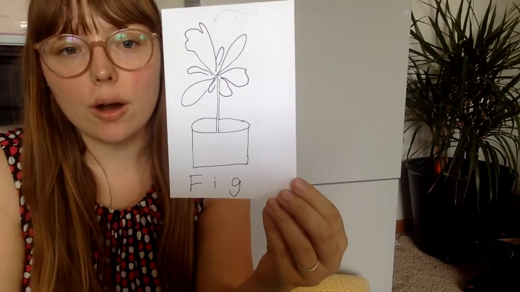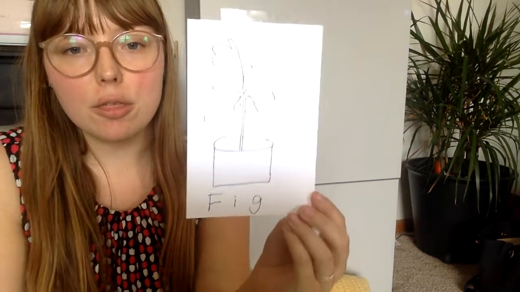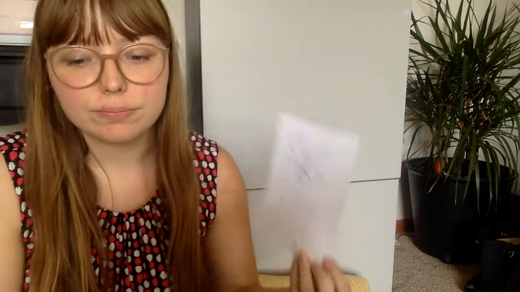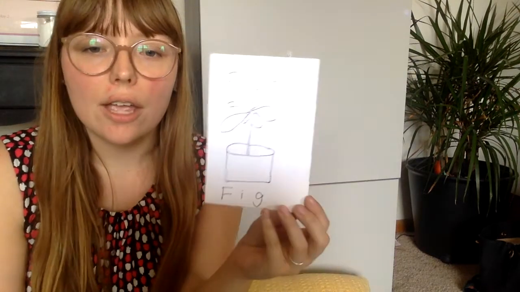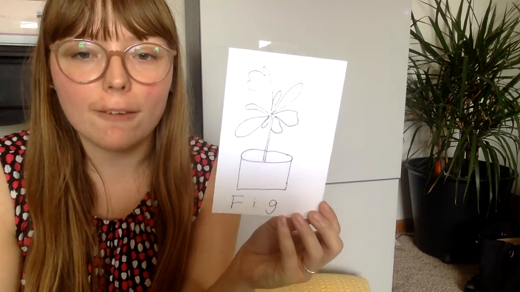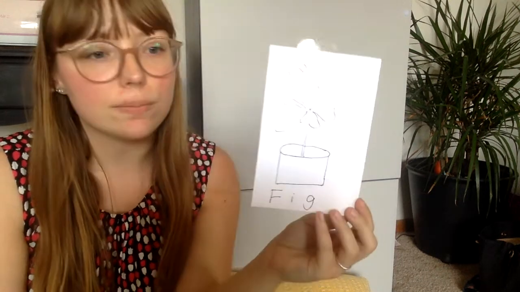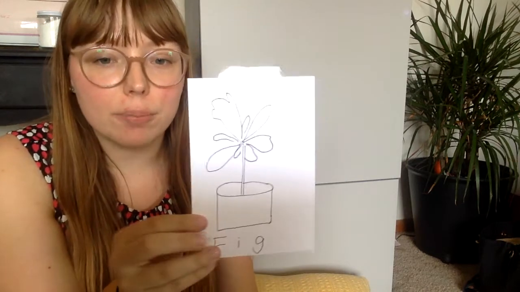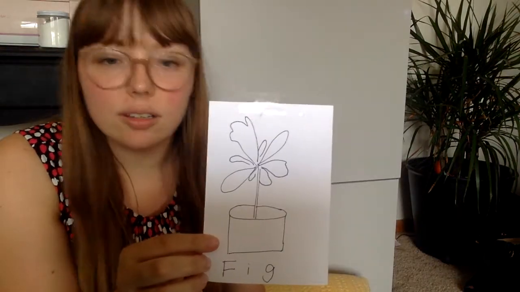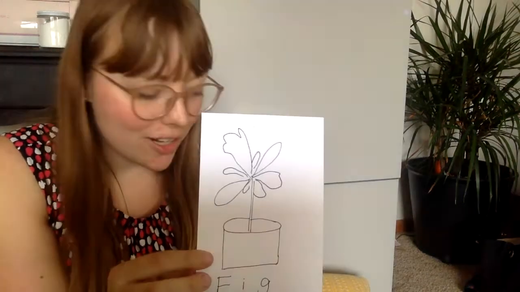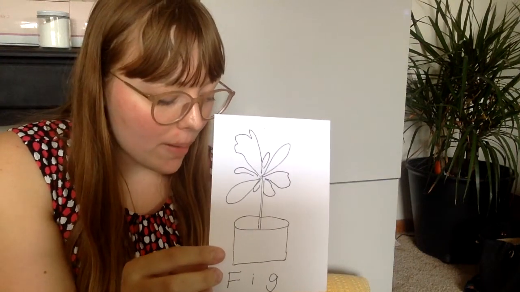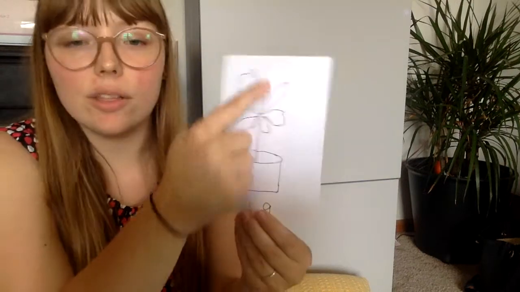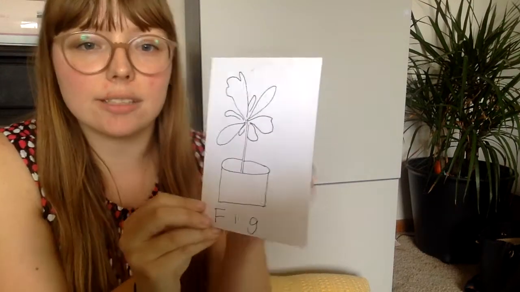Turn and talk to your partner and discuss what you think fig might mean. All right, who wants to tell me what they think the word fig is by looking at the picture? It is a special kind of plant. It is a special kind of tree. Yes, very good. And remember, I said fig leaves. So the book is talking about the leaves that come on the plant. Very good.